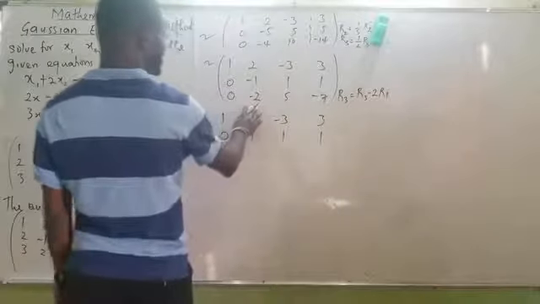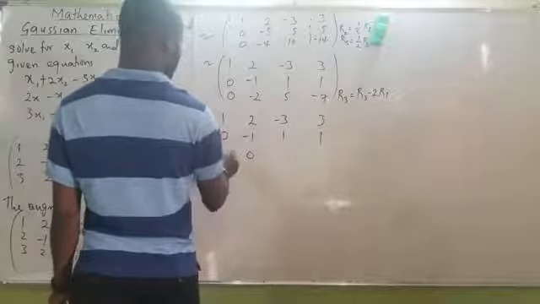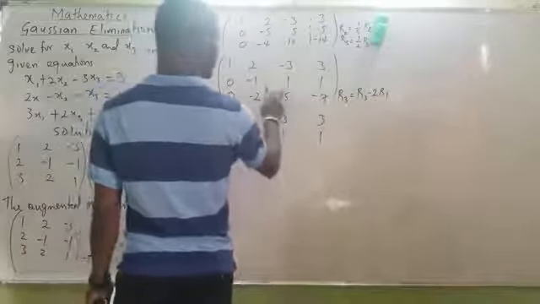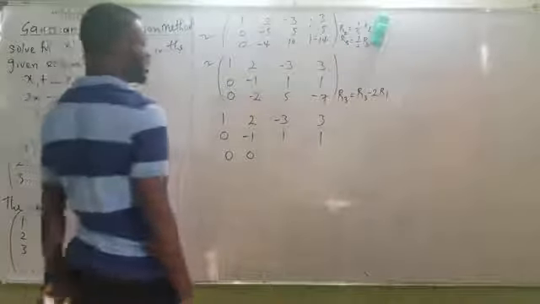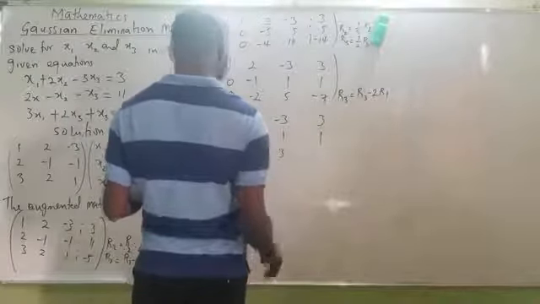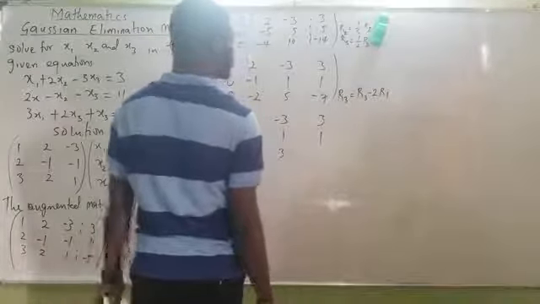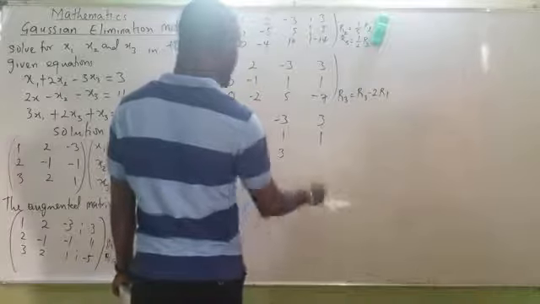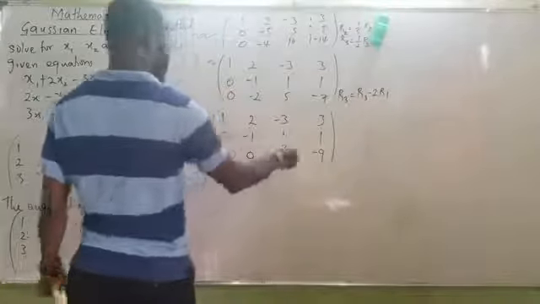Here will be 0, 0, this one will be 3, and that will be minus 9.